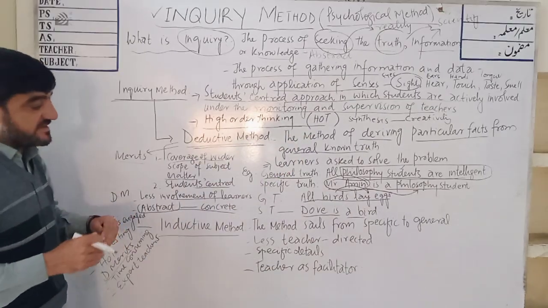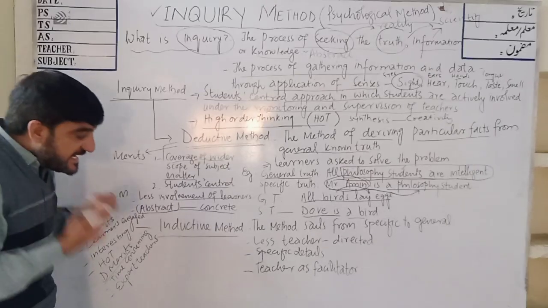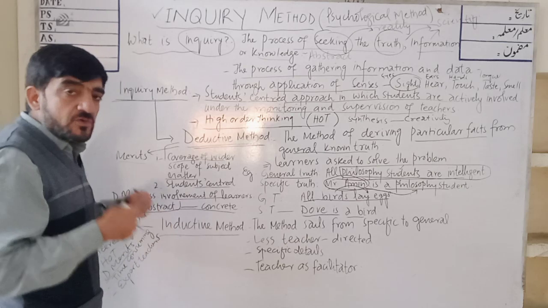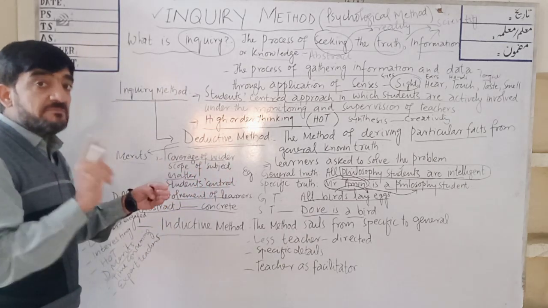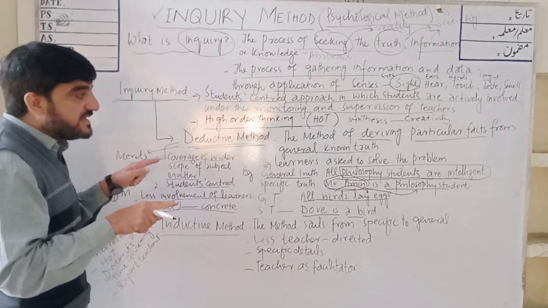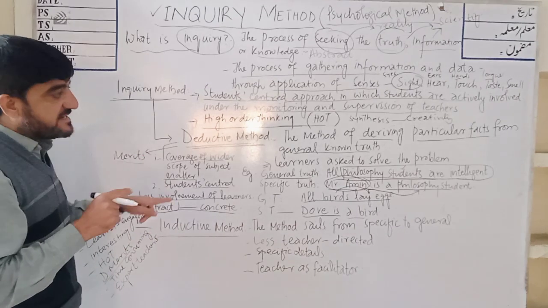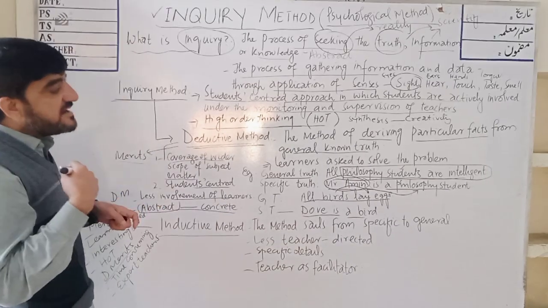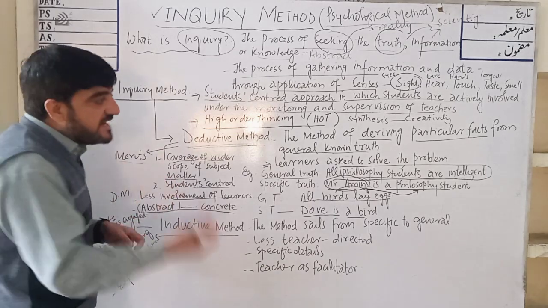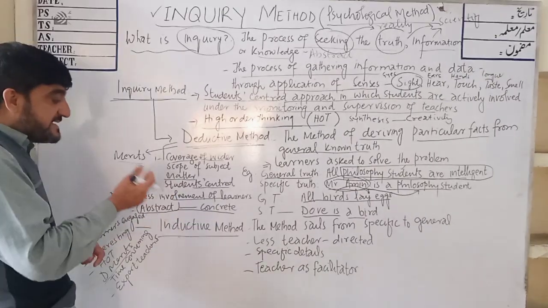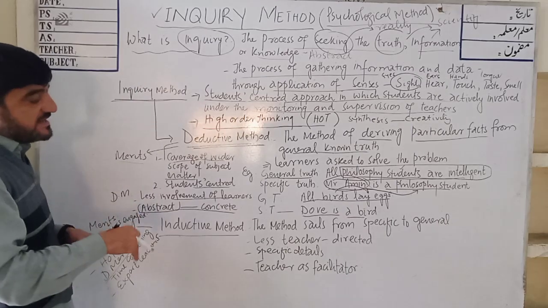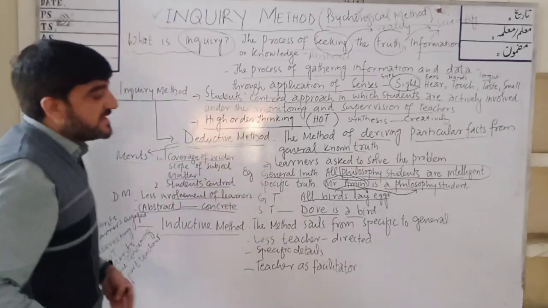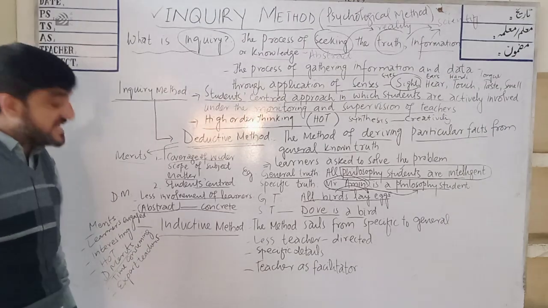But in inductive method, the journey is from specific to general. Remember students, deductive means the learning starts with general and ends with particular, but in inductive method, the learning sails from specific to general.